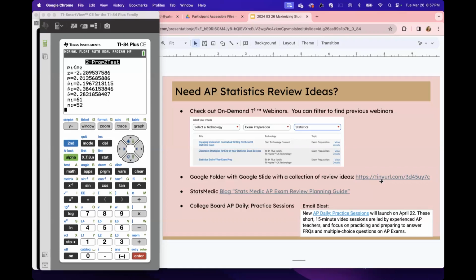And then finally, last but not least, we've got the AP daily practice sessions that will be coming on April 22nd. Darren, can you tell us about that pretty quickly? Because I think you know something about that. I do know something about that. I can't tell you too much. Some of it's still very quiet, but we hope you'll have your students take part.